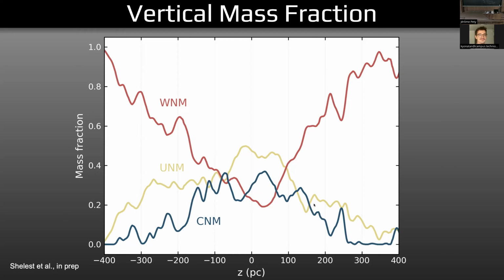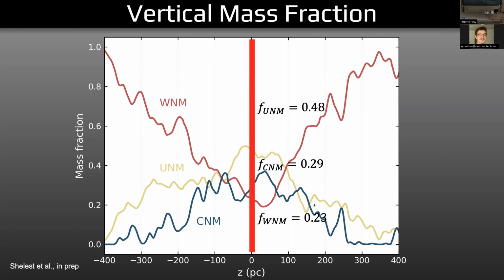So for example, the red line is WNM, the yellow one UNM, and the blue one is CNM. If we take the plane where the sun is set, then we see that the fraction of UNM is about 48%, and CNM is 29%, etc.